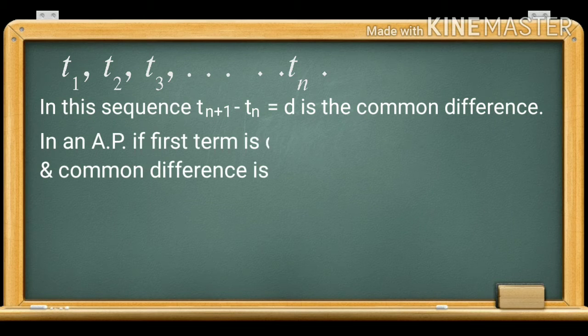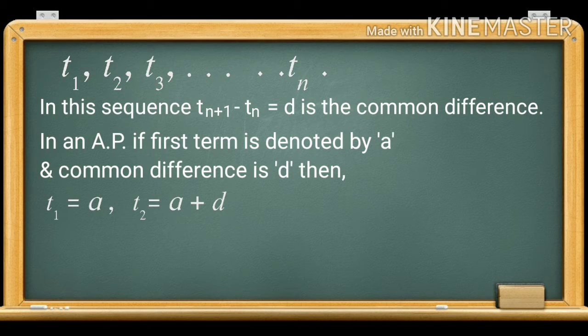In an AP, if first term is denoted by A and common difference is denoted by D, then first term T1 equal to A, second term T2 equal to A plus D, third term T3 equal to A plus 2D.